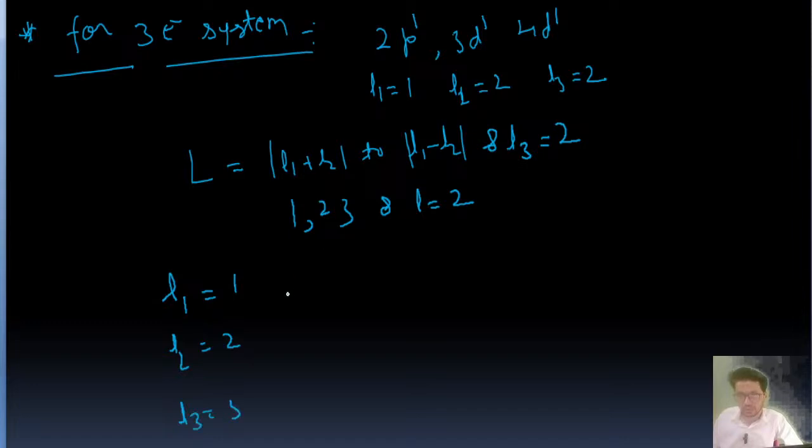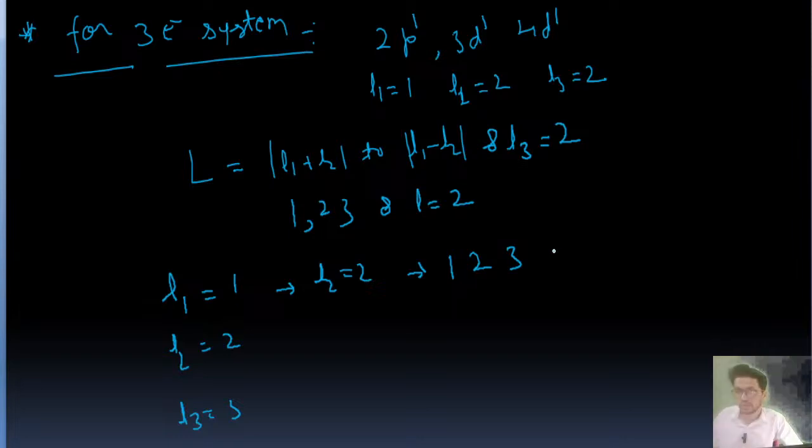For L1 equal to 1 and L2 equal to 2, this value is L1 plus L2, 3, and 1 minus 2 is 1, so 1, 2, 3.